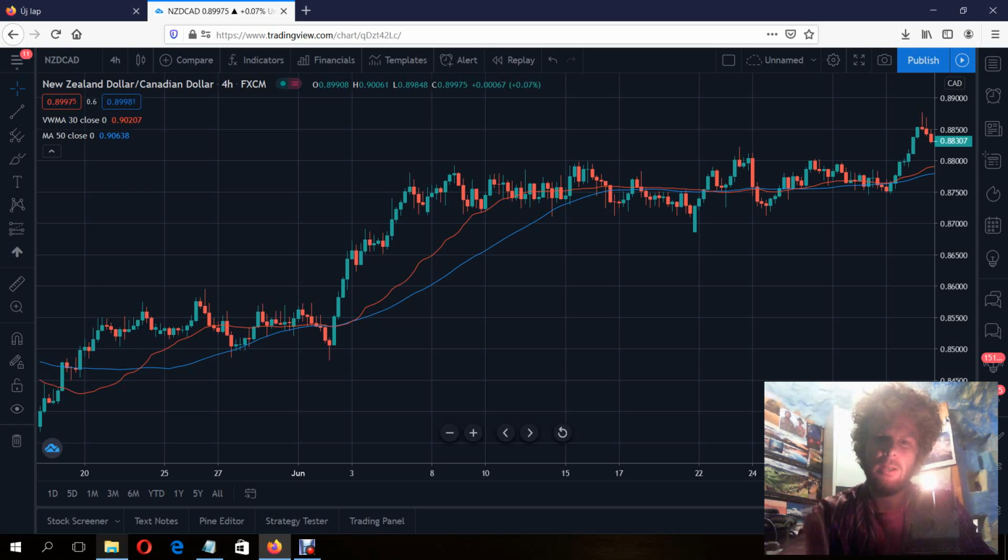And I know many of you know about the weighted moving average, but this is the advanced version of that, and it is more dependent on the volume. So if you have a strategy that is heavily based on volume, you could switch from a simple exponential moving average to a volume weighted moving average.